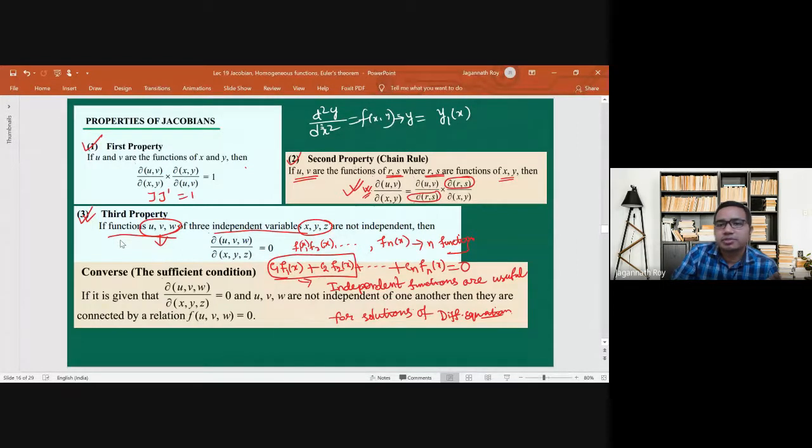I think you have seen that c1 y1(x) plus c2 y2(x), these functions, this one and this one, are actually independent.